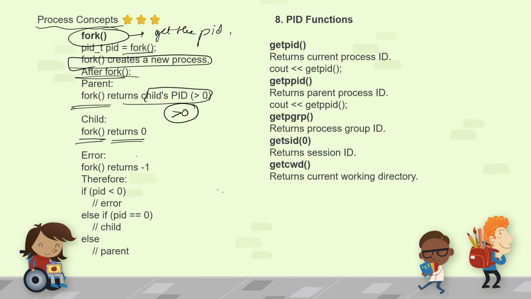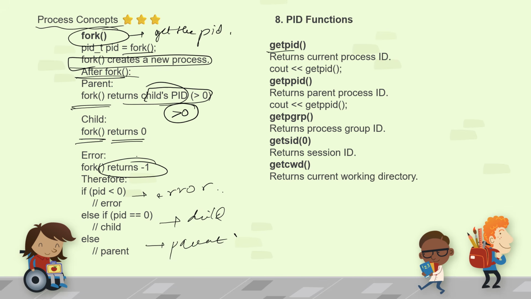For a child, fork returns 0 itself. And for error, it returns -1. So basically, if it is less than 0, that means an error occurred. If equal to 0, it means it is a child. And else, it is a parent.